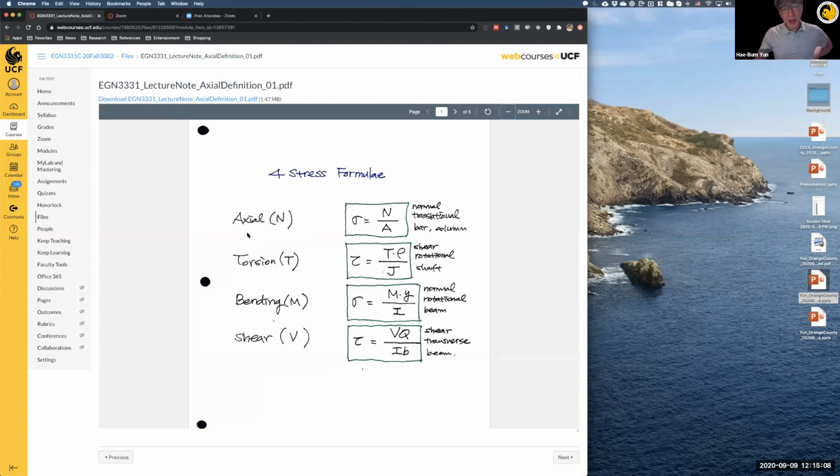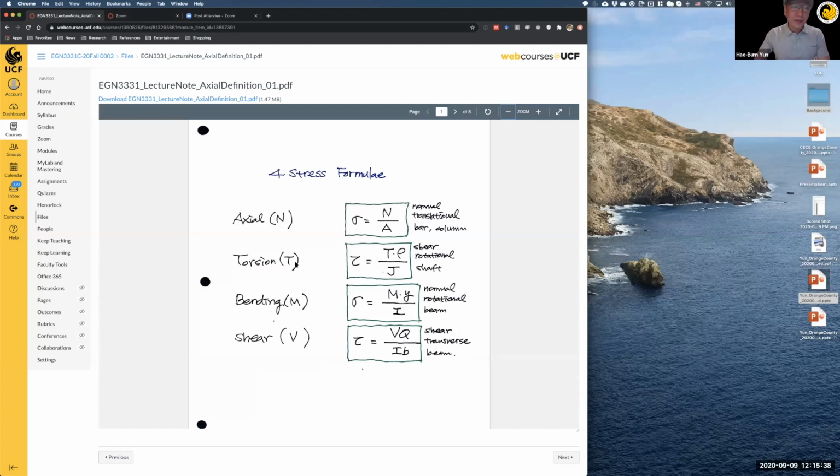Oh, by the way, I don't require you to memorize this formula, but if you can memorize it, that will be great, because you can save a lot of time. But this formula will be given in the formula sheet during the exam. Okay.